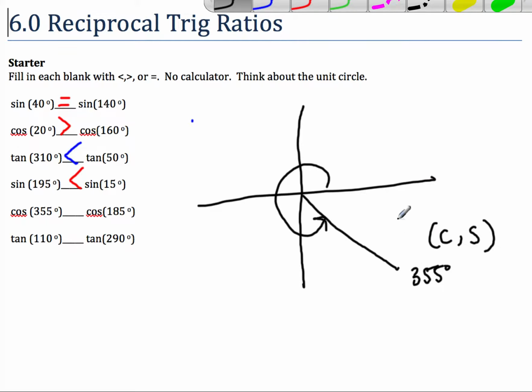So this is going to be a positive value. Cosine of 185. If we look here, that's going to be down here. This is 185. And we're looking at cosine. That is a negative cosine in this direction. So this is going to be negative. Therefore, that is greater than.